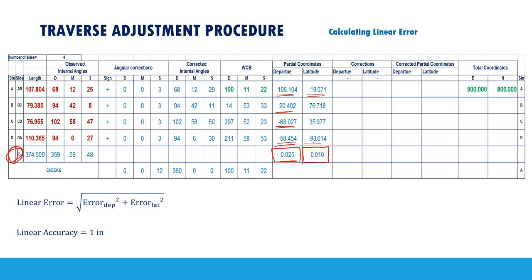This is negative, this is negative, here we have positive values. So I find the summation of all of these. It would be here in this case 106.104 plus 20.402 minus 68.027 minus 58.454. The final answer in this case 0.025 meters. All of these here in meter.